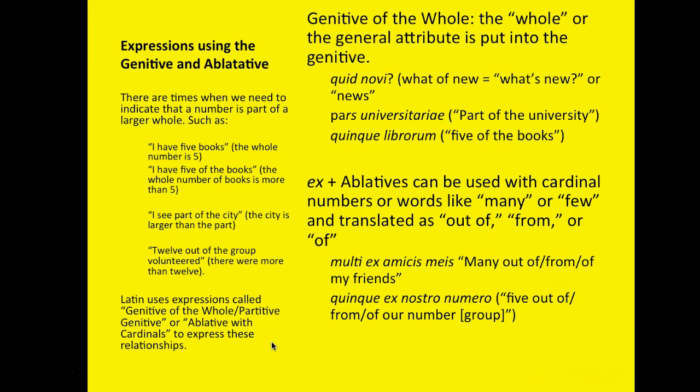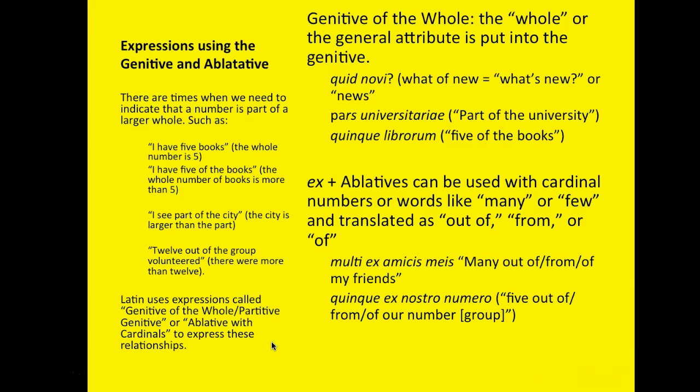5 out of, or from our number. Now in Latin, nostro numero, the word numero is number, but in Latin this comes to mean a group. So quinque ex nostro numero would be 5 from our group.